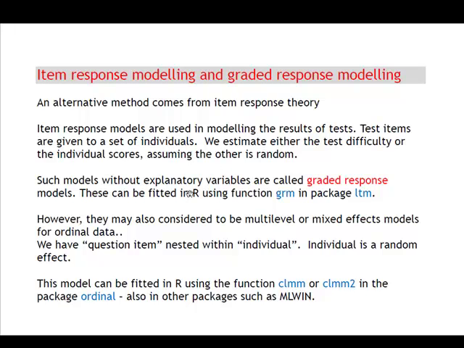But it turns out that graded response models are really just another form of multi-level model. Multi-level models have been big in social statistics for the past 30 years, and they can now be fitted to ordinal data. I've used R to do that, using the function clmm in the package ordinal.